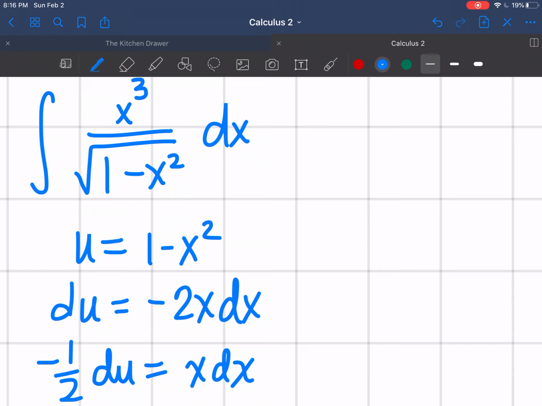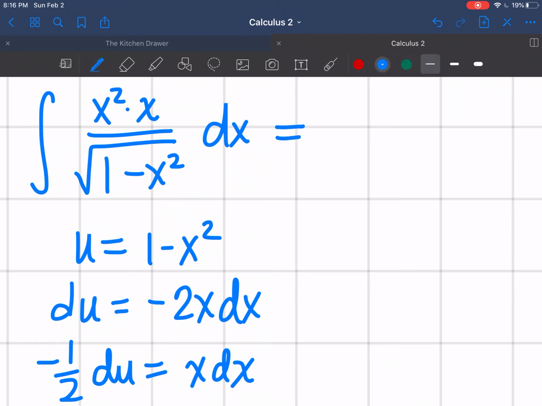And so we can split up this x cubed as x squared times x, and I'll go ahead and do that. x squared, right? And so we can see that this x dx piece, which is here, can be replaced by negative 1/2 du.